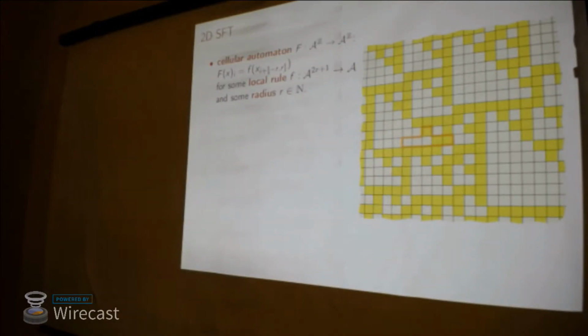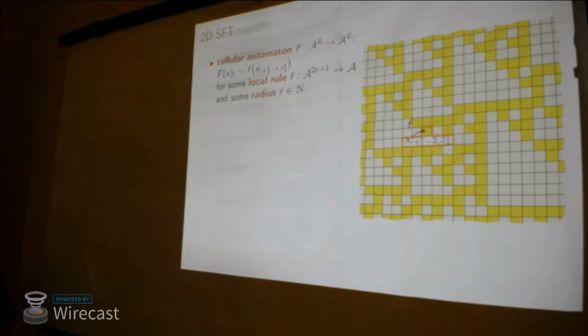So, an example a little more complicated than the one we saw in the picture. When you have a cellular automaton, you have a one-dimensional pattern here, and you have a map from the patterns of this size to a new cell.